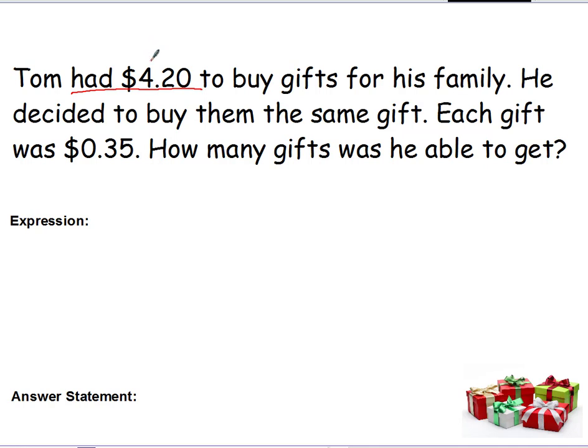So this is going to be my dividend, our whole. That's going to go first. So $4.20, and each of them cost 35 cents. And we want to know how many gifts he was able to get.